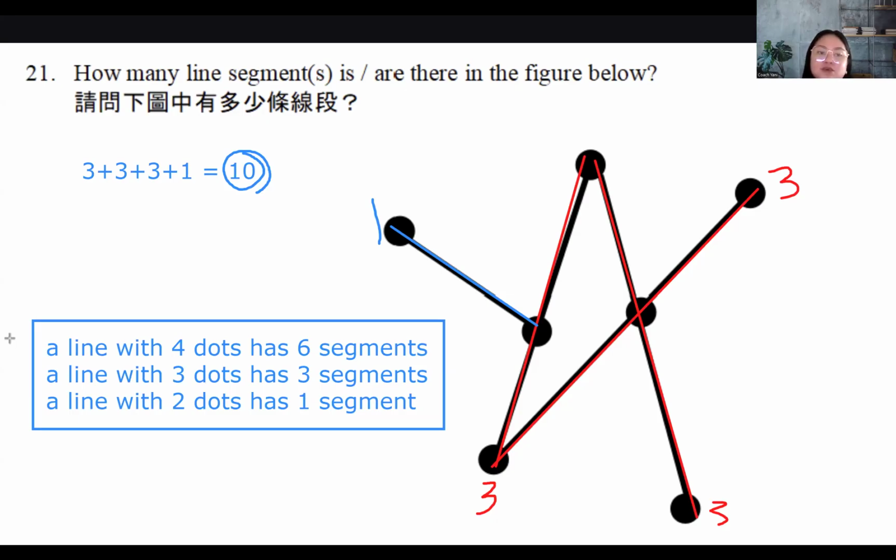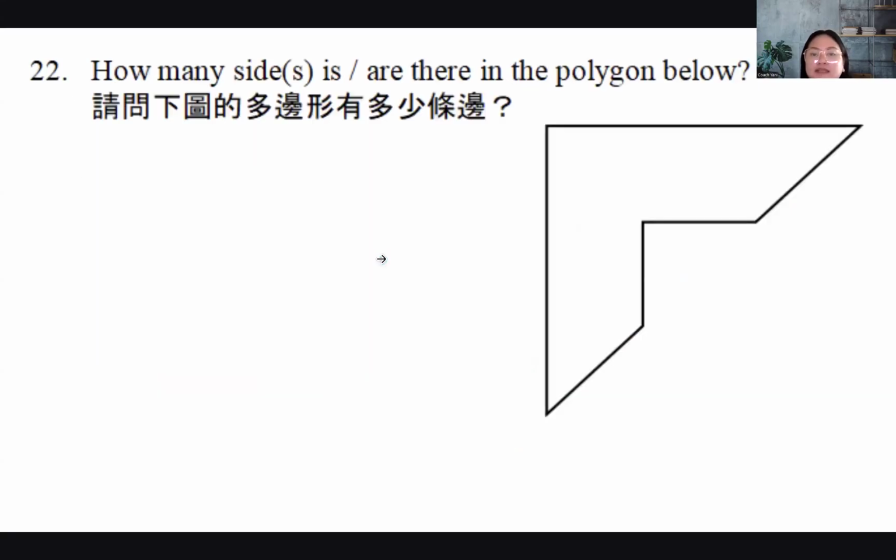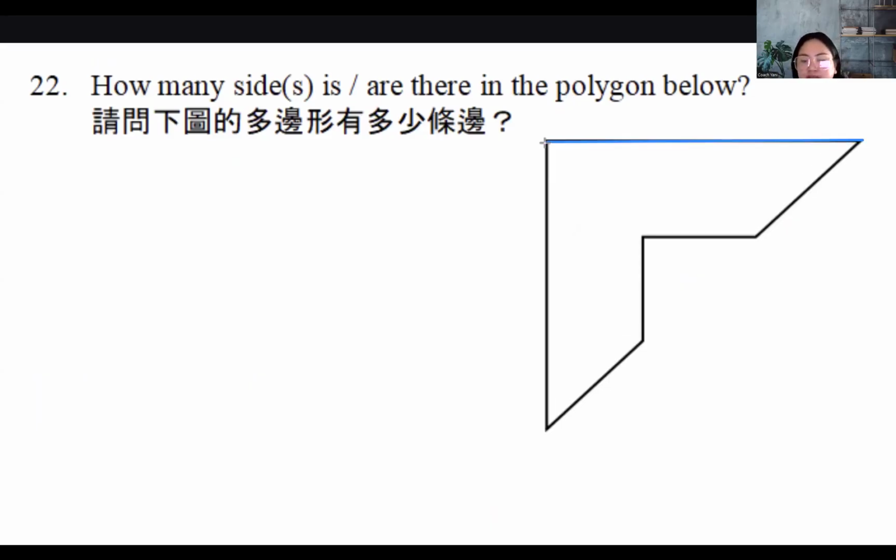All right, let's do number 22. How many sides are there in the polygon below? When we say sides, we mean the lines outside of the polygon. This one, this one, this one, this one, this one, and this one. So, why are we saying it's outside? Because sometimes a figure looks like this. There's a line here.